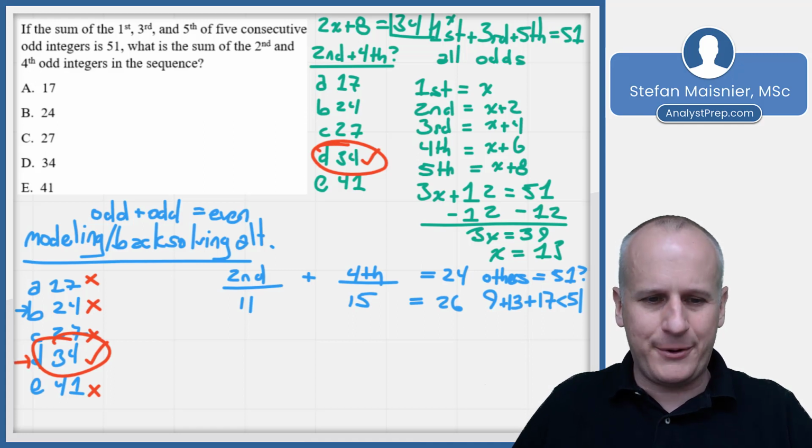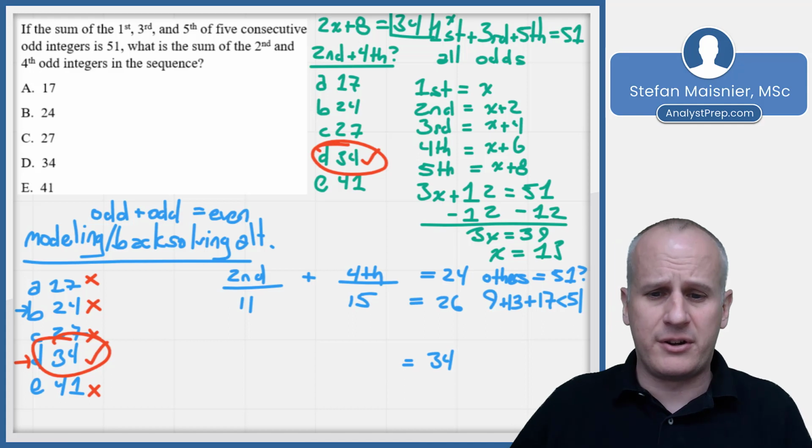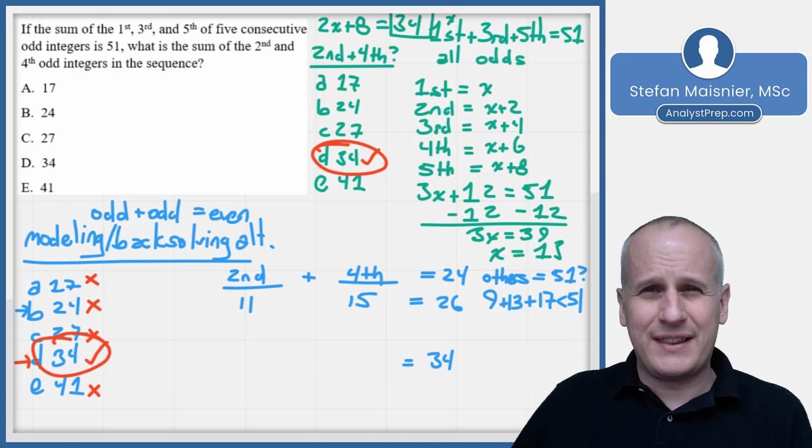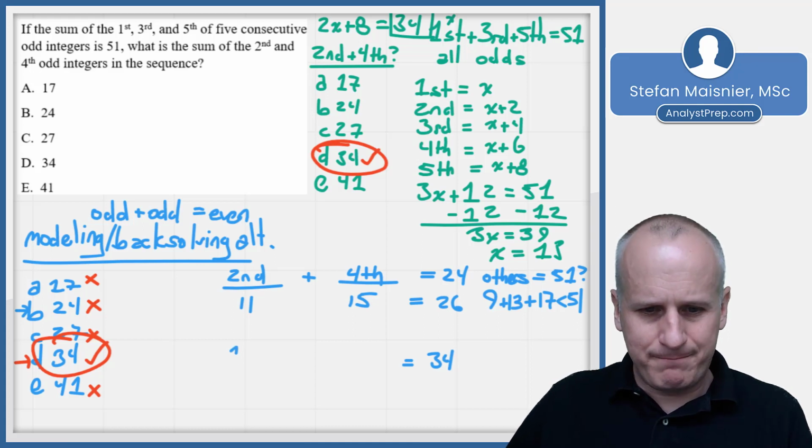But just to prove it out, if we did 34, we know again that has to sum up to 34 here. So it's got to be a couple of odds that are a little bit separated from each other. It's around that 13, so it'd be 15 and 19.